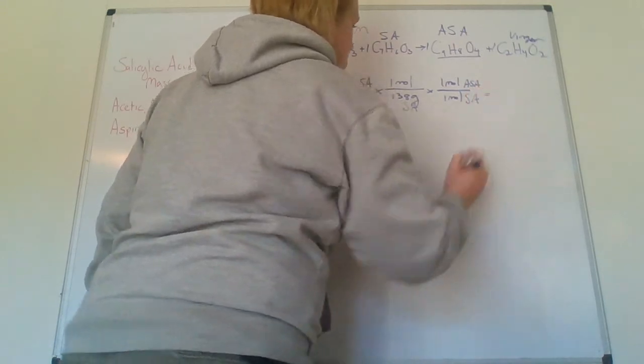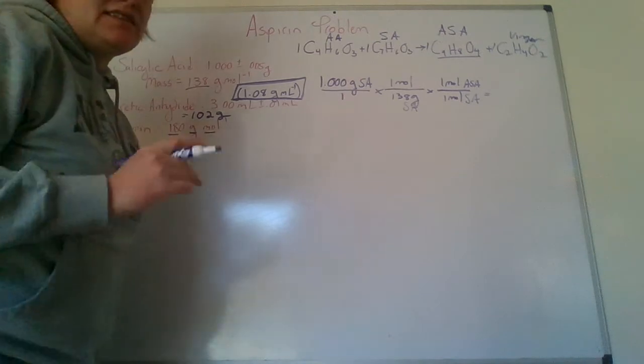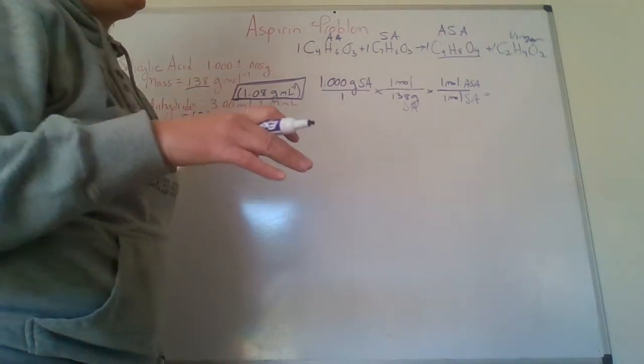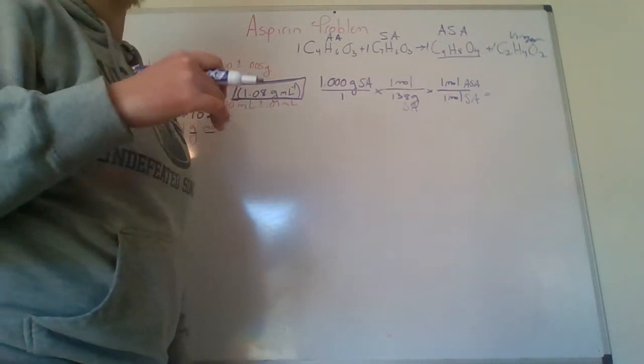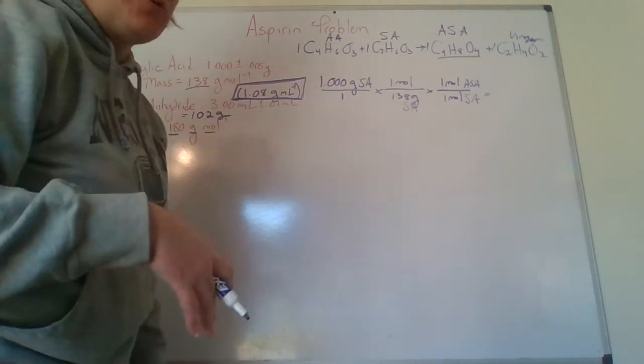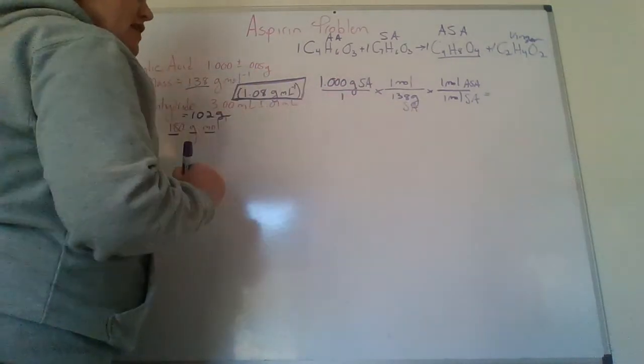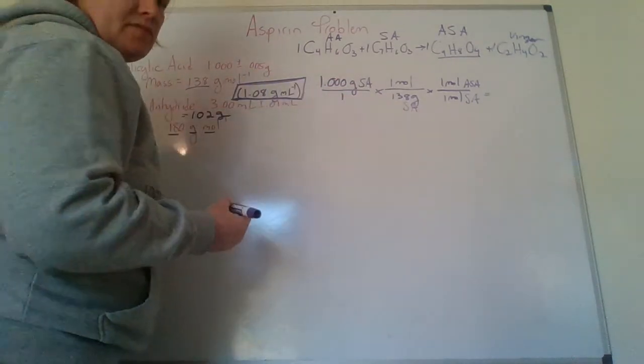I'm going to stop right there. I don't need to go to grams because if I can figure out the least number of moles, I only have to find the number of grams of the smallest one, because that's the one that will limit the amount of aspirin I make. So that's my setup for my salicylic acid.